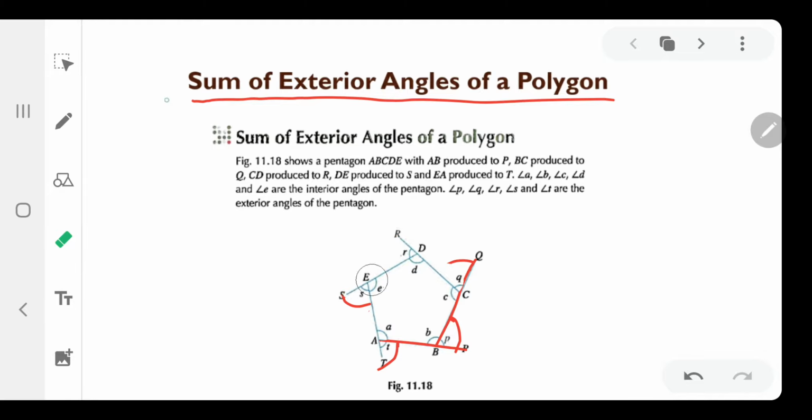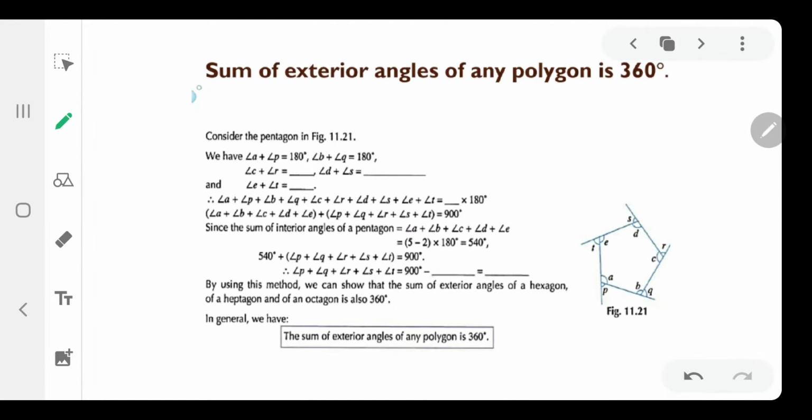Now we are more interested to find out the sum of exterior angles of a polygon. What will be the sum of exterior angles of a polygon? We move to this slide, which says that the sum of exterior angles of a polygon is 360.